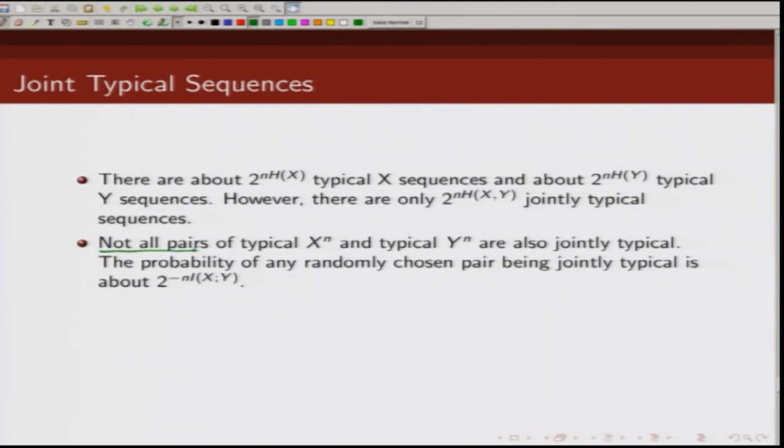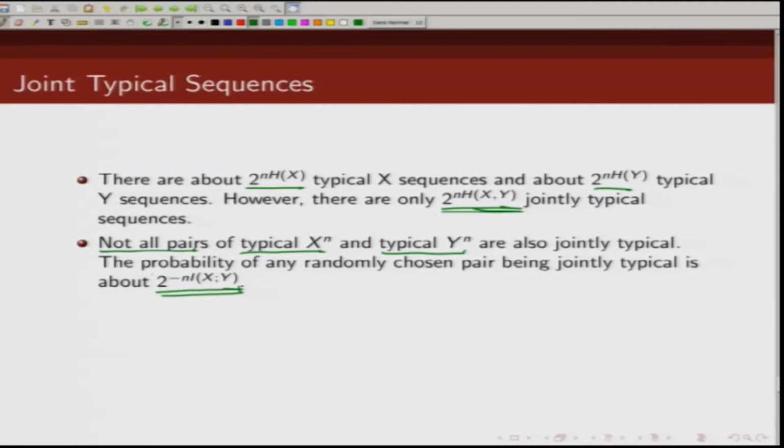Not all pairs of typical x^n and y^n sequences are jointly typical, because we only have so many jointly typical sequences. In fact, this probability is given by this divided by this times this, which comes out to be this. So the probability that a randomly chosen pair of typical x^n and y^n is jointly typical is given by this.